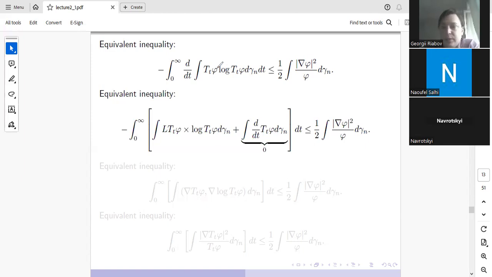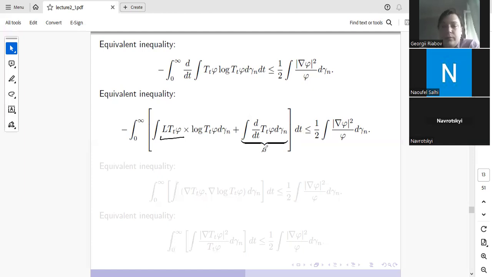When we differentiate the Ornstein-Uhlenbeck semigroup, we get the Ornstein-Uhlenbeck operator times Tt phi, times log. When we differentiate log of Tt phi, we get 1 over Tt phi times the derivative of Tt phi.